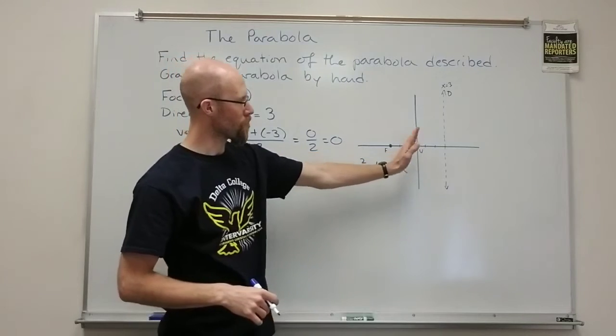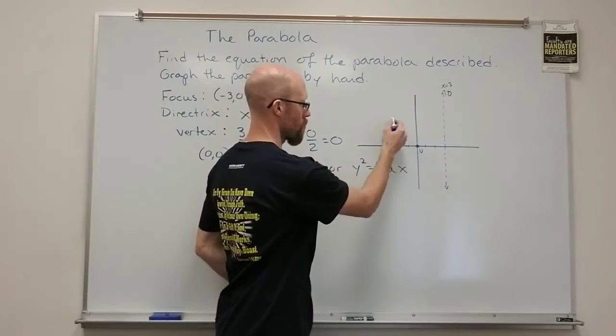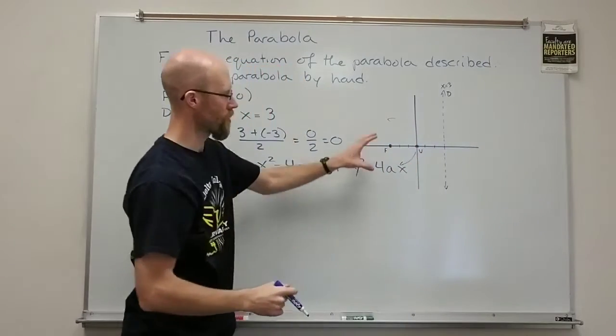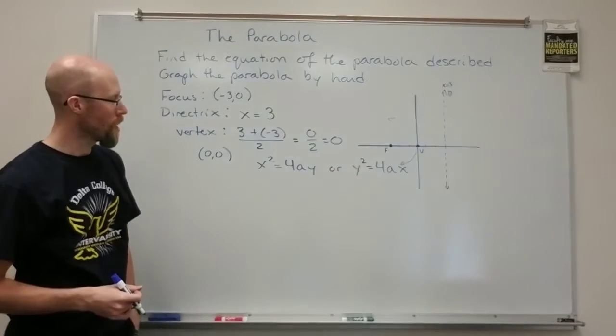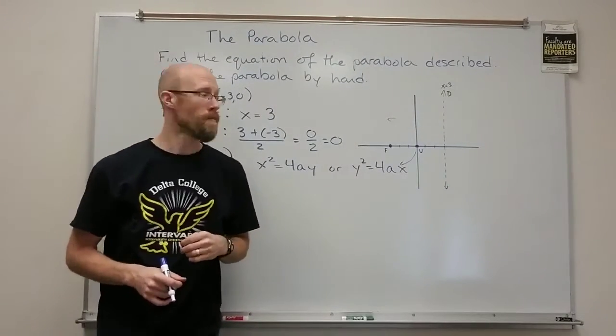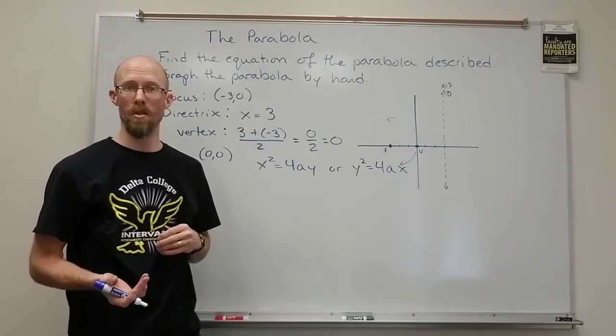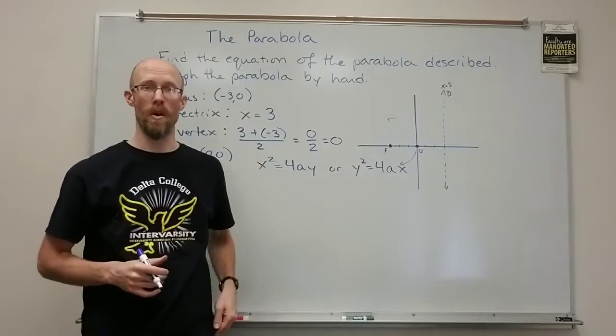Well, this one, because the directrix is to the right, the focus is to the left, this parabola is going to open to the left. It kind of surrounds the focus, okay? And so because it opens to the left, the linear term is always the term that is surrounded, the variable or the axis that's surrounded by the graph.